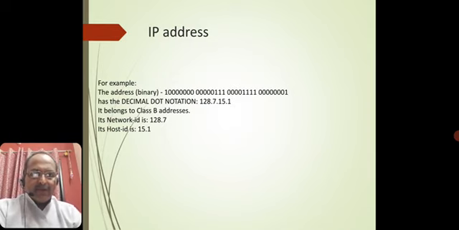Technically, if you divide it, the network ID is 128.7, in which 128 is the beginning number, and the remaining part is identified as the host ID, 15.1. This is the way IP addresses look like.